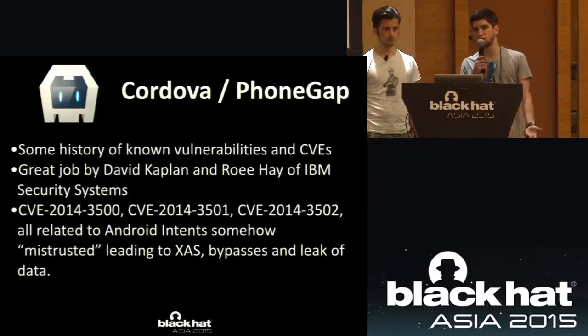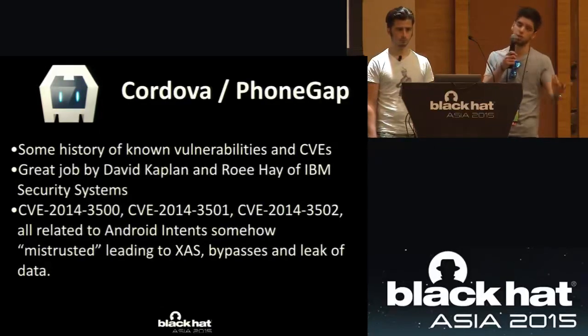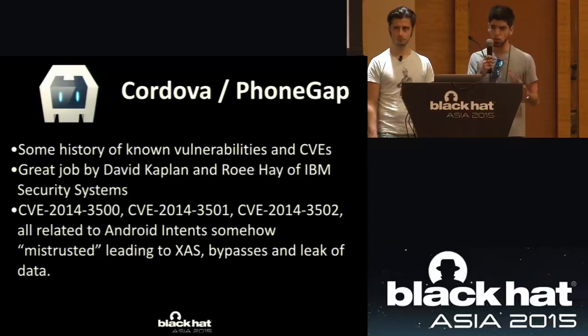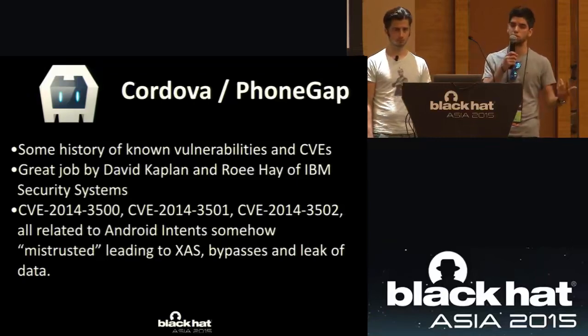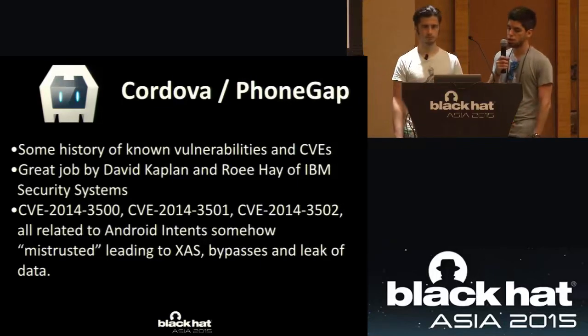Something really funny about this framework is that a year ago or so, two developers or security researchers from EVM found multiple vulnerabilities in the framework, allowing remote code execution in multiple applications.